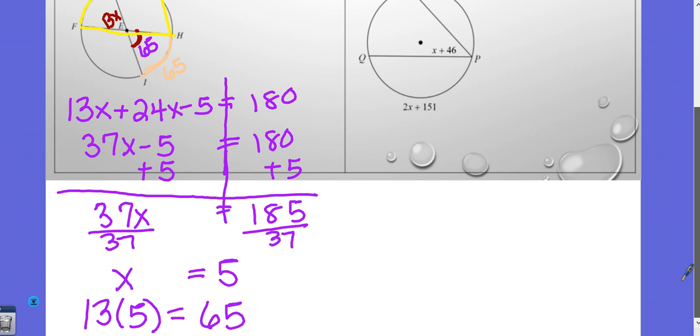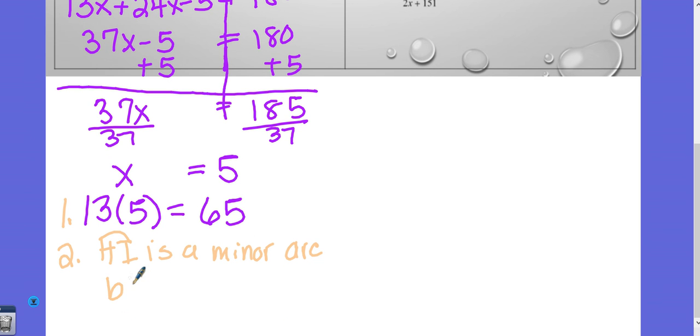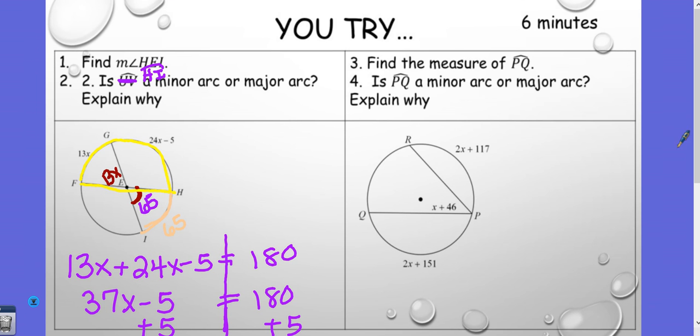Since that's less than 180, the answer to number 2 is arc HI is a minor arc, and the reason is because it is less than 180 degrees. And you finish. Okay, let's go to number 3.